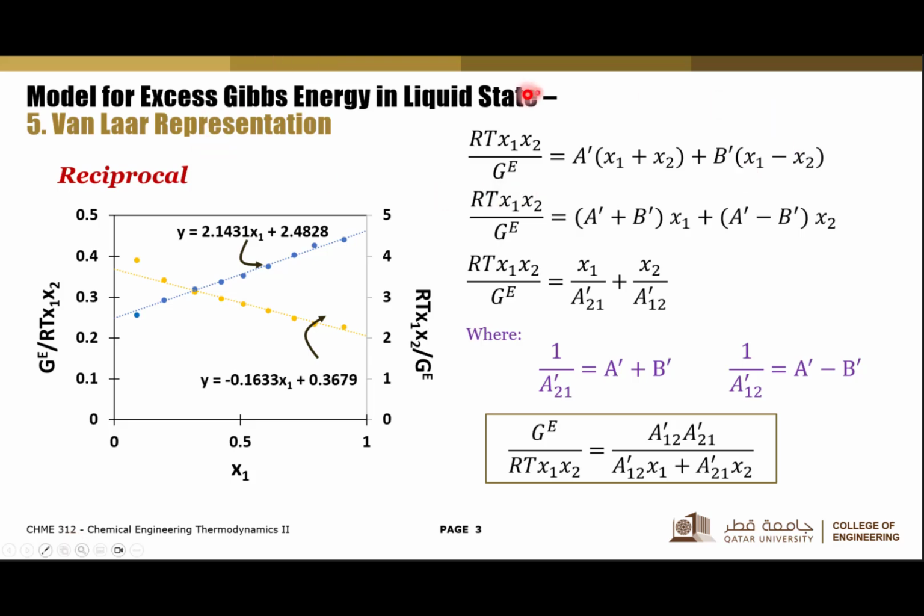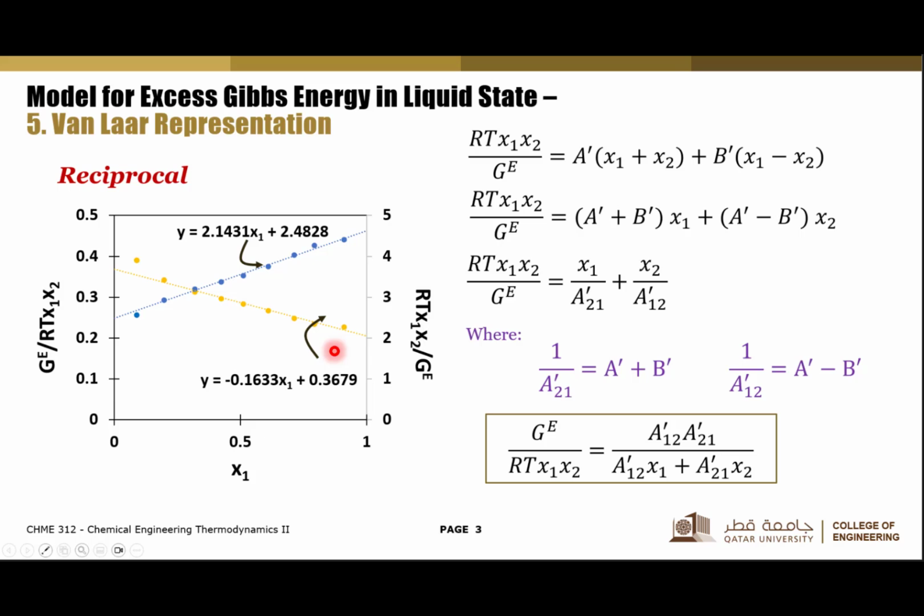So this is the representation where initially I was talking about the excess Gibbs energy being on top, divided by RT x1, x2. This yellow line is the plot of the excess energy divided by RT x1, x2. Fitting that line with a straight line, this is a 2 suffix Margules equation.